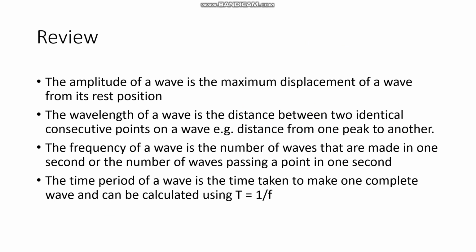The frequency of a wave is the number of waves made in 1 second, or the number of waves passing a point in 1 second, and is measured in hertz. And lastly, the time period of a wave is the time taken to make one complete wave, and can be calculated using the equation given to you in the exam, T equals 1 over f.